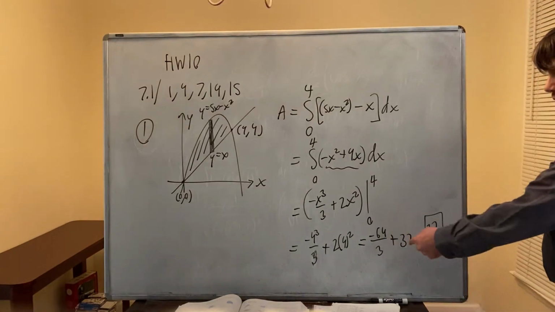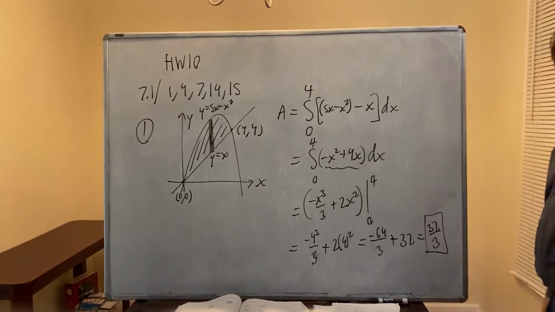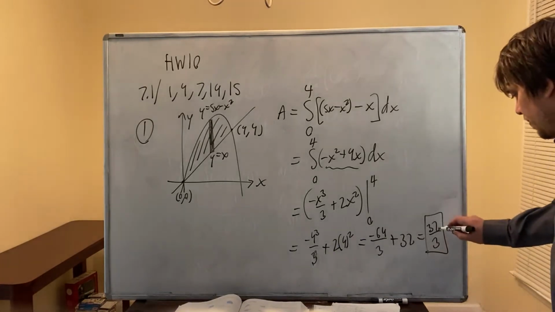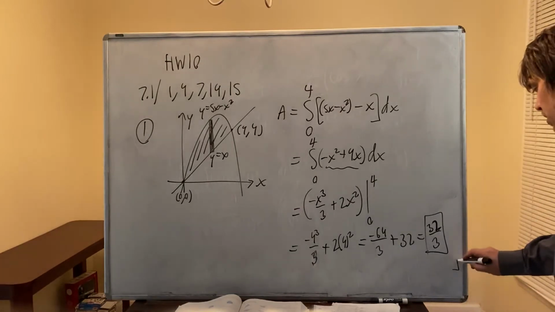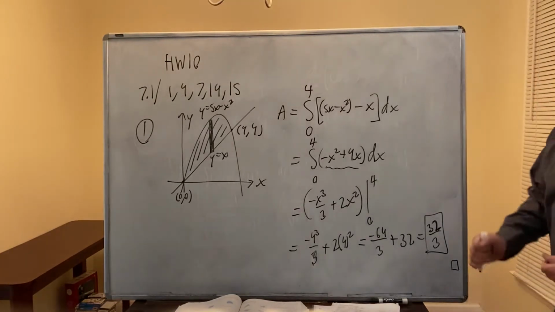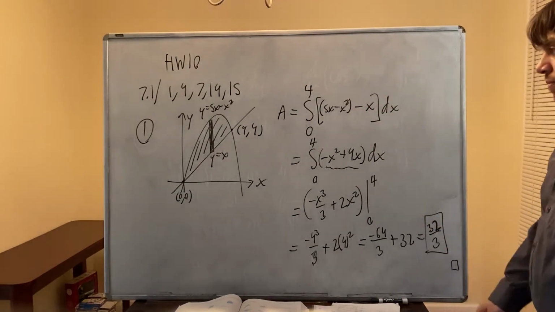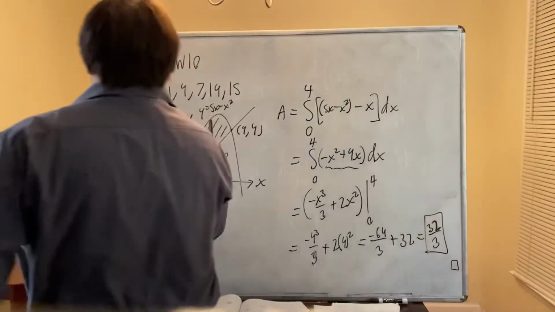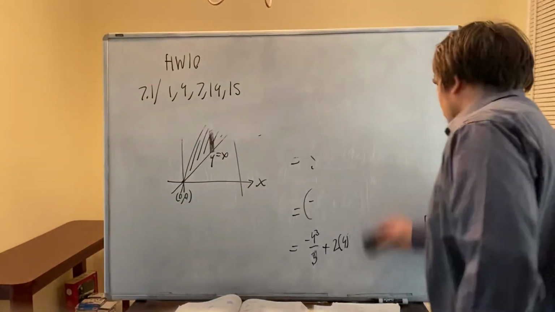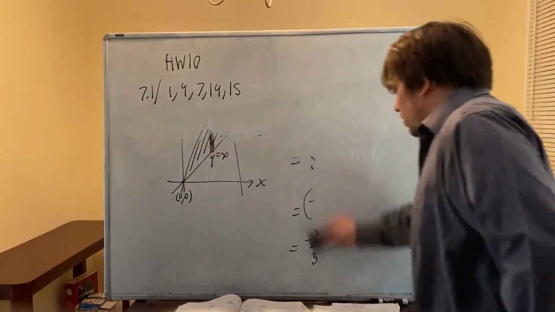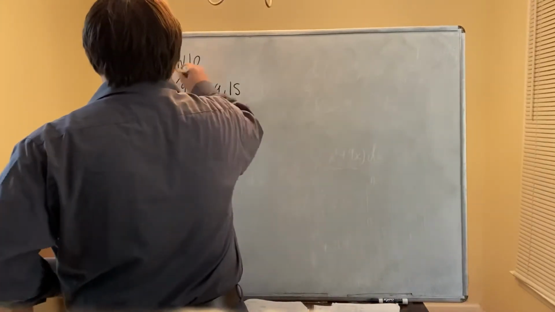It's negative 64 over 3 plus 96 over 3, and that's 32 over 3. That's the final answer. So A is that. Okay, so that's the area. Okay, so number 1 is done.